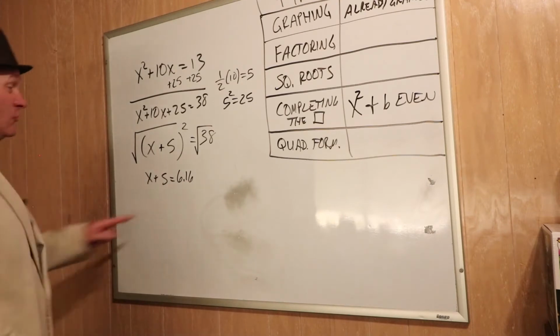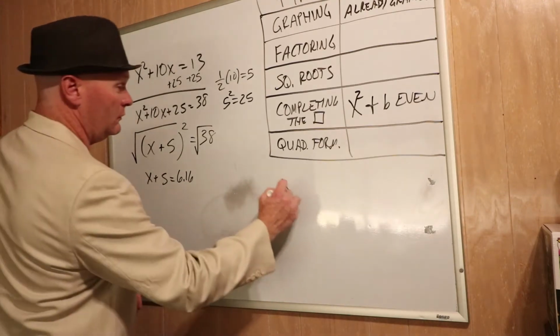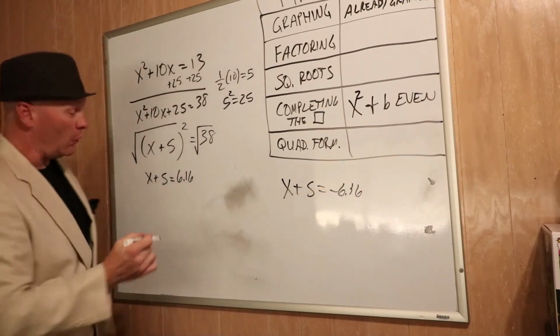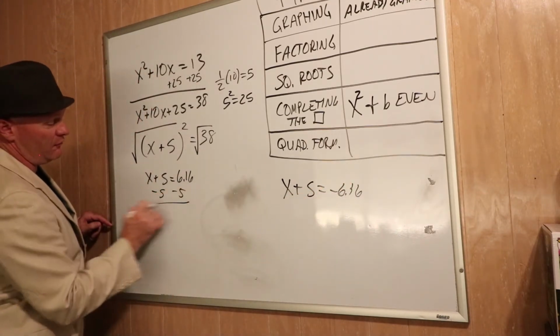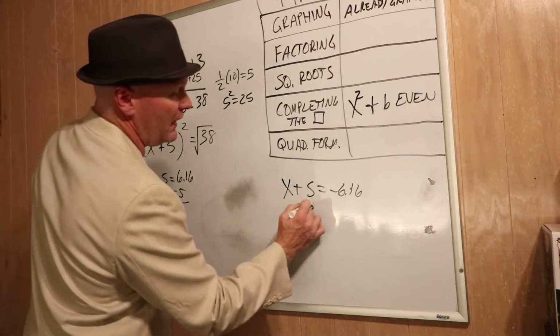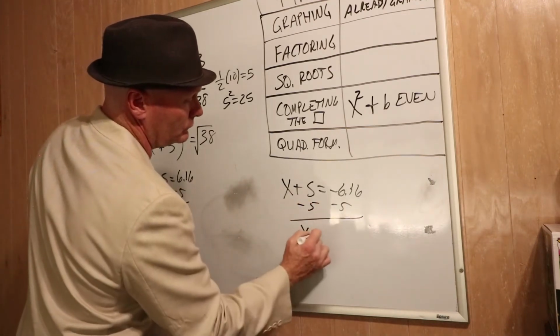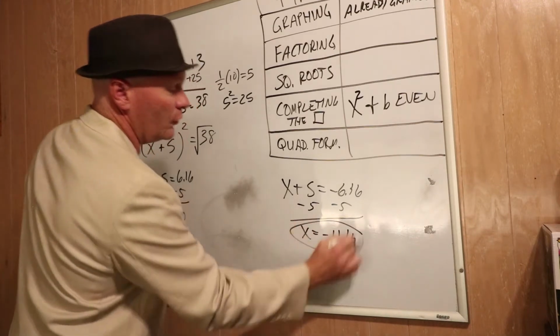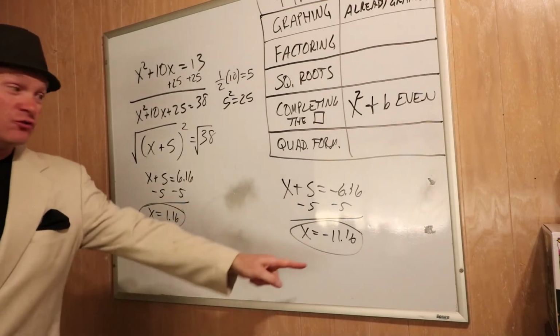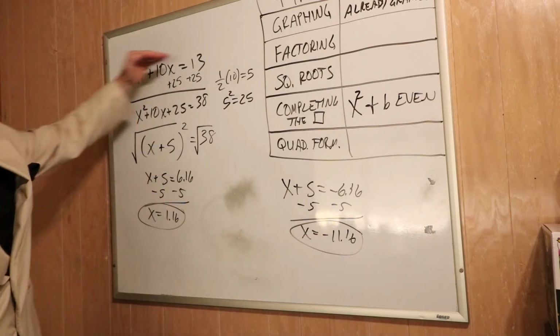And then remember we had 2 equations, one positive, one negative, and then we solve each equation. So -5 plus 6.16 and -5 minus 6.16. Those are our 2 solutions. And as always, it's a great idea to check your answers. So plug these into the original equation.